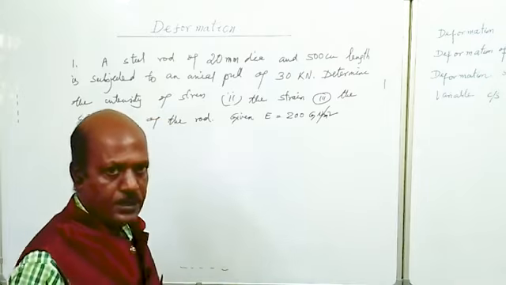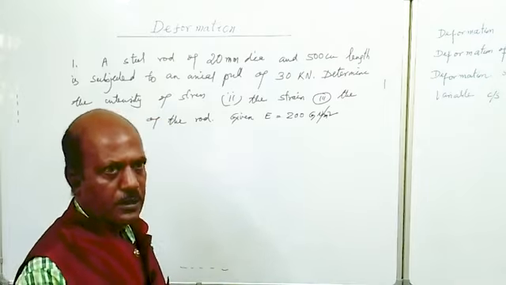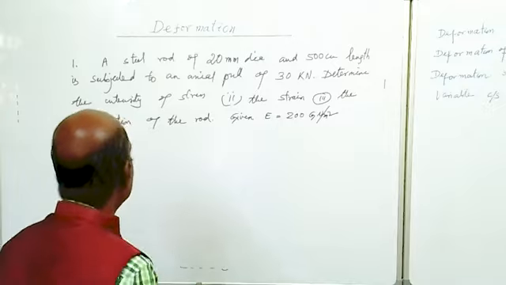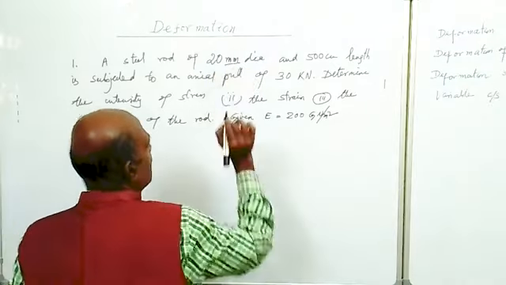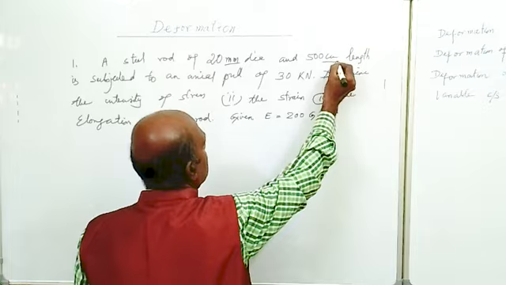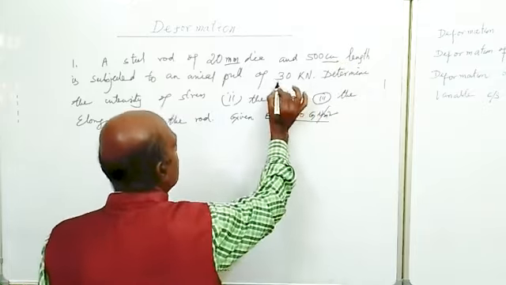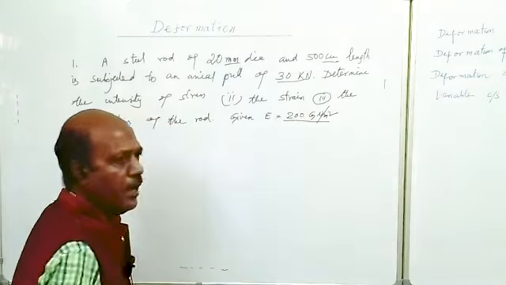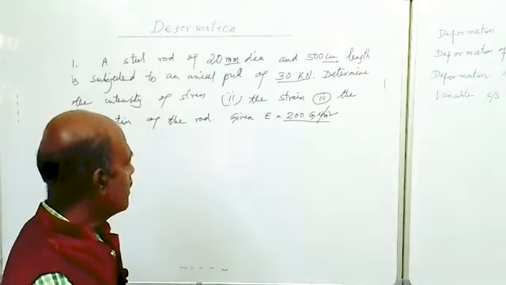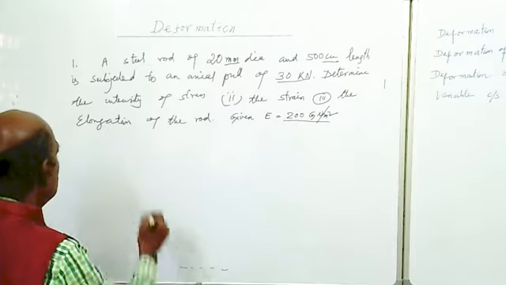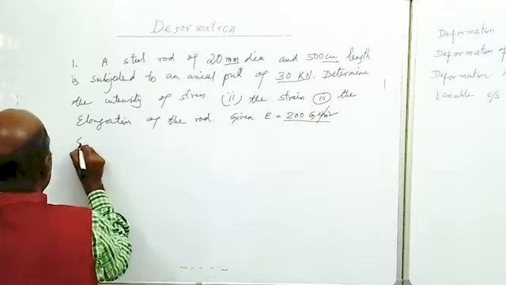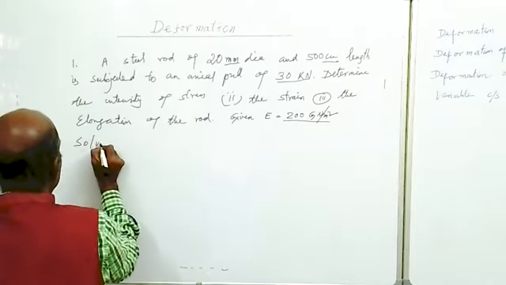So the problem is very simple, but you have to concentrate on the units. The diameter is given in millimeter, length is given in centimeter, P value is given in kilonewton, and E value is given in giganewton. So let us solve the problem.